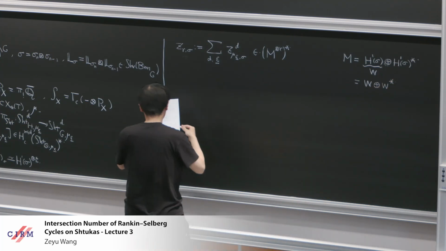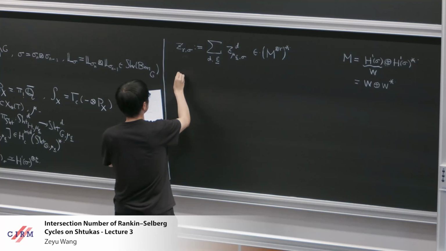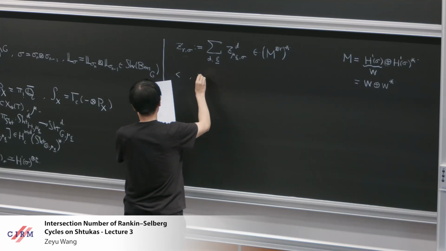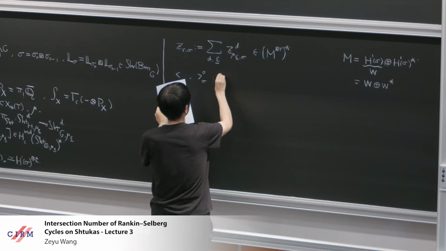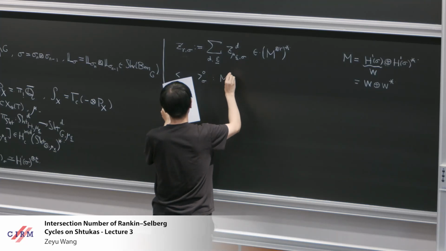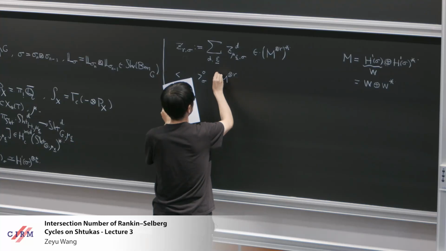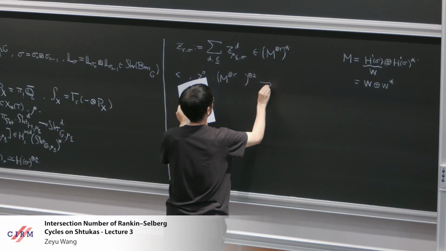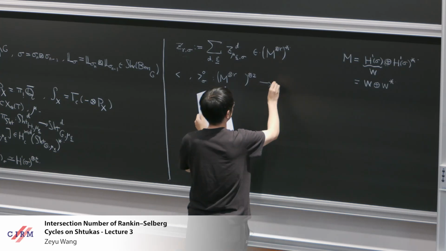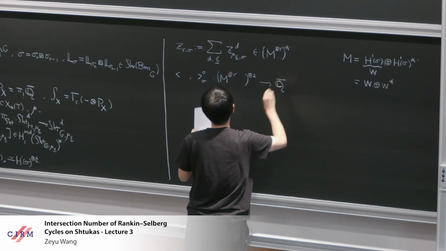Okay, and so recall that you also have this intersection pairing. It's a bilinear form on this M tensor R, to Q_l bar.